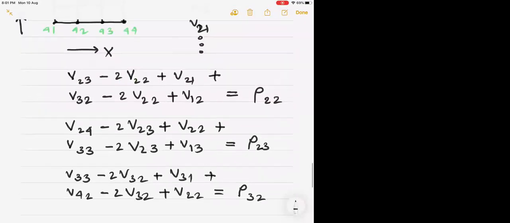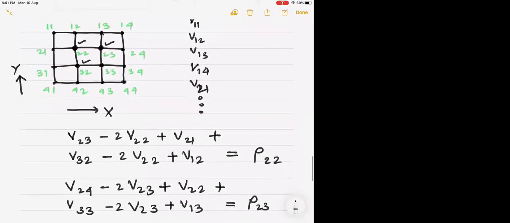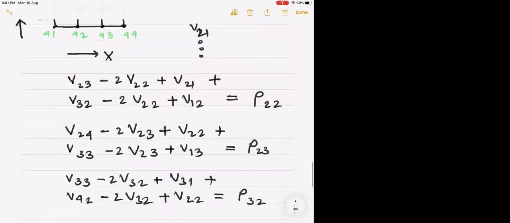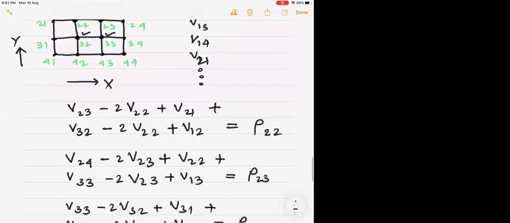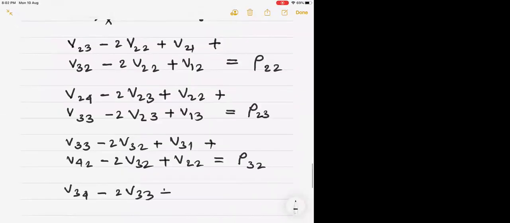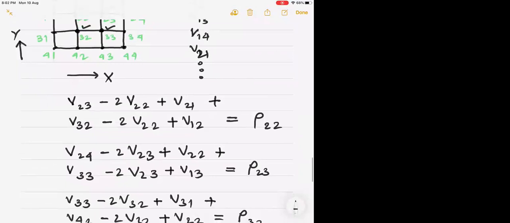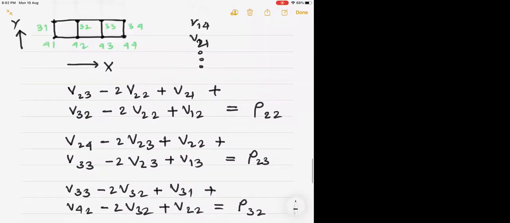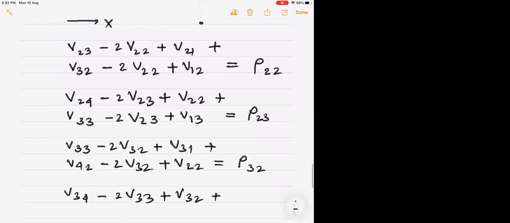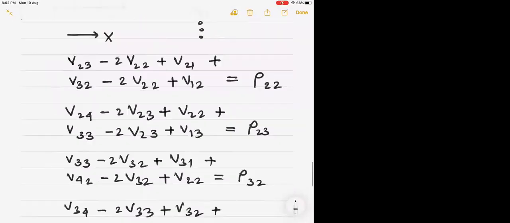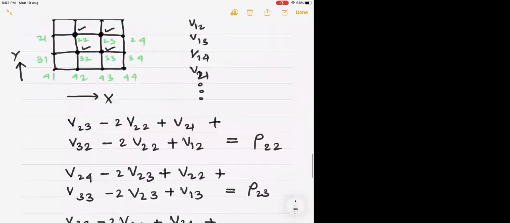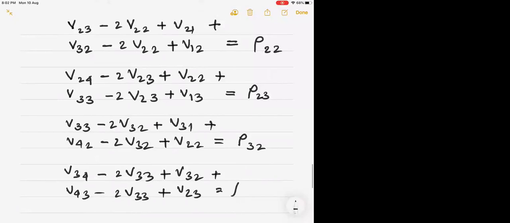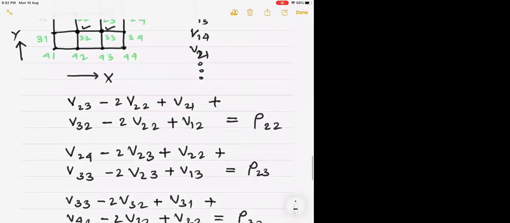Similarly, if I want to apply it here at the point 33, I must have V34 minus 2 times V33 plus 1 times V32, plus V43 minus 2 times V33 plus V23, must be equal to rho 33.